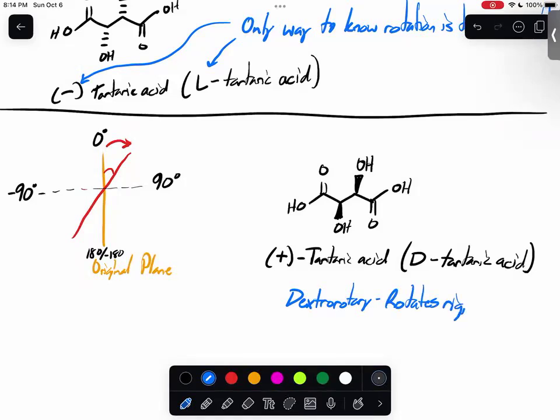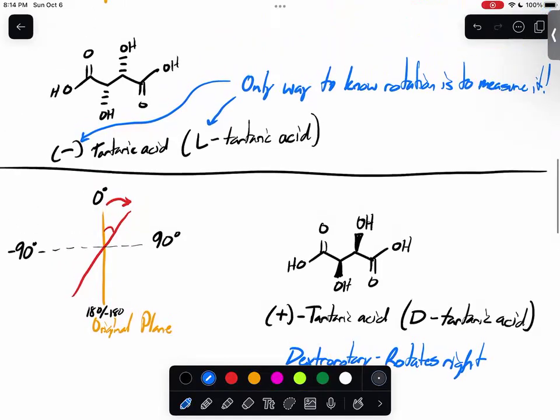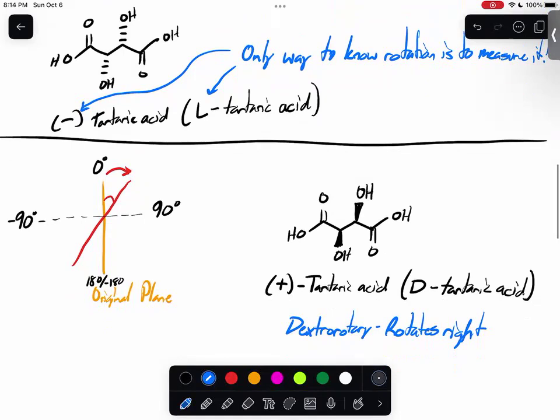Again, this was all discovered around Latin times, so a lot of this has to do with Latin terminology. So essentially, enantiomers will rotate light one way or the other, and these terms, the plus or the D, and also the minus and the L, tell you the direction that it is being rotated.